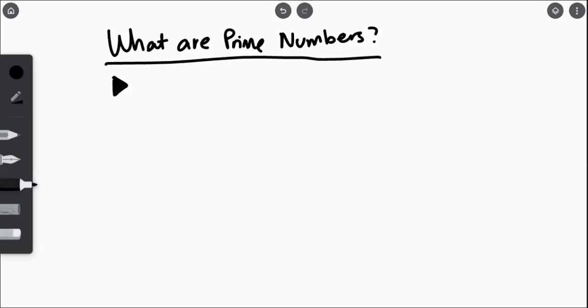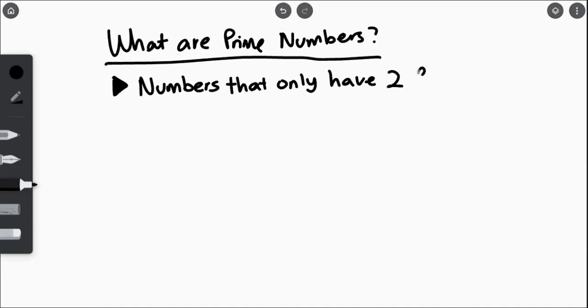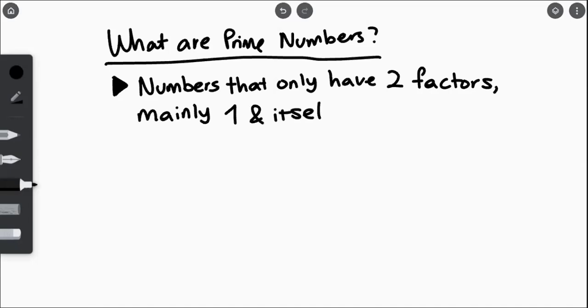Basically, prime numbers are numbers that only have two factors, mainly 1 and itself. What does this mean? I will show you.